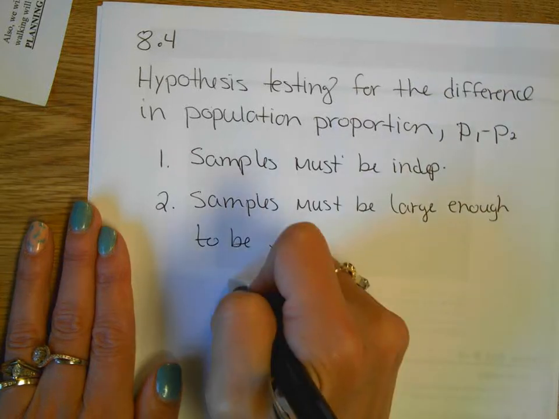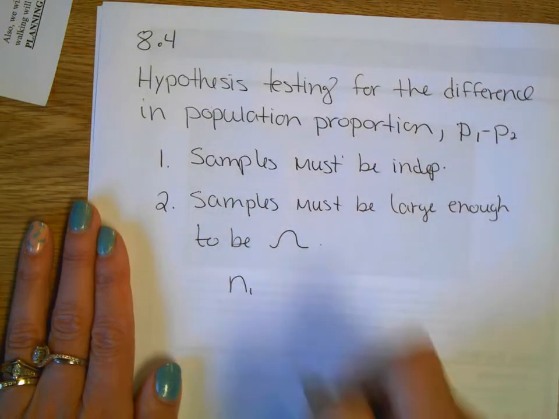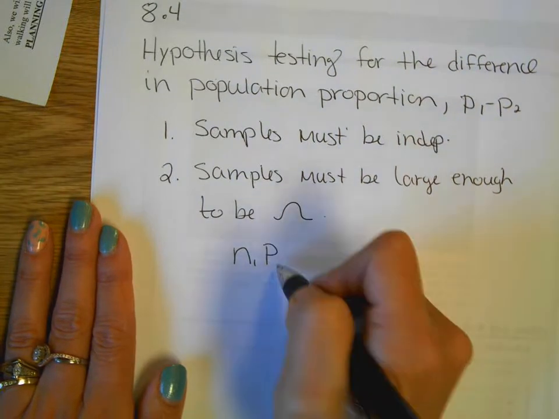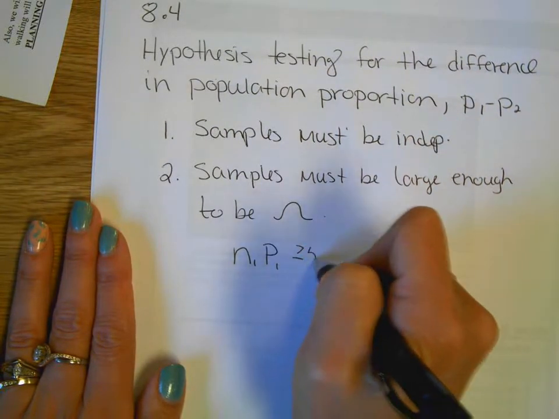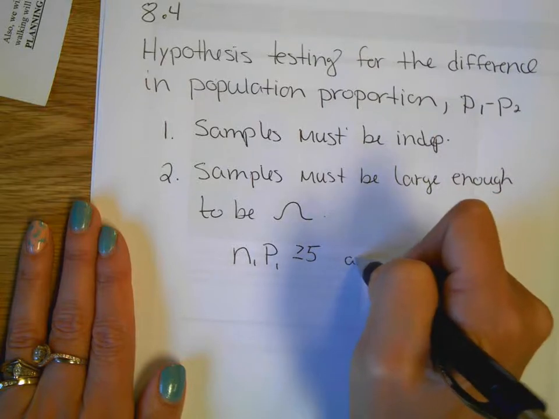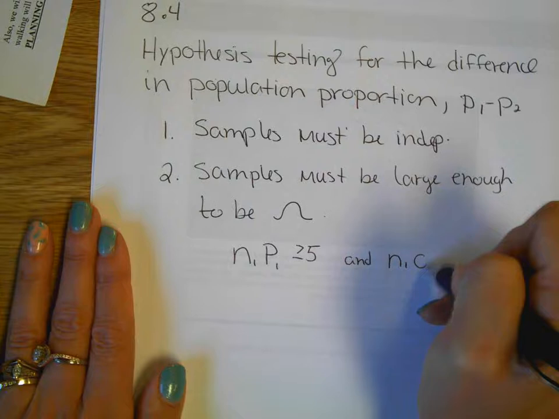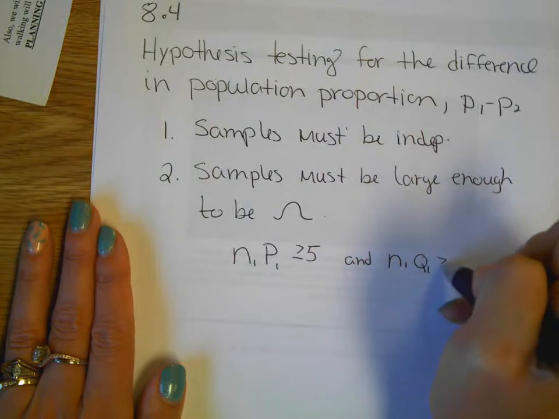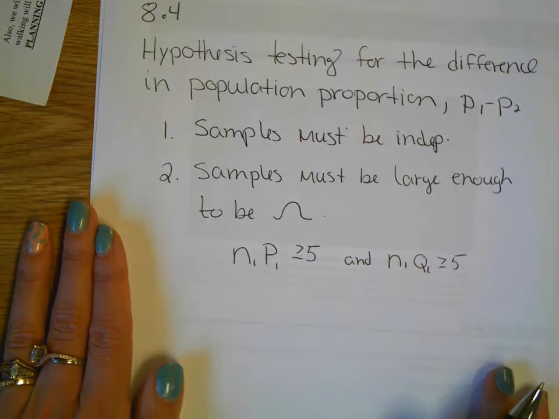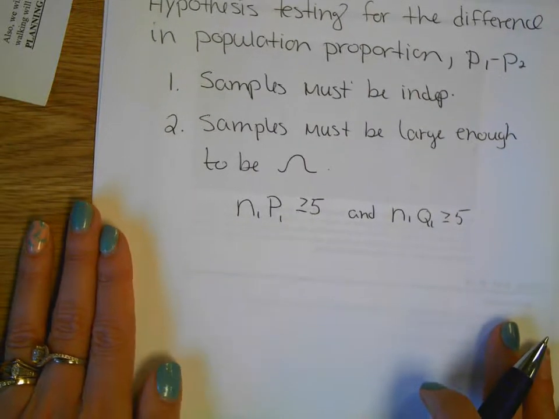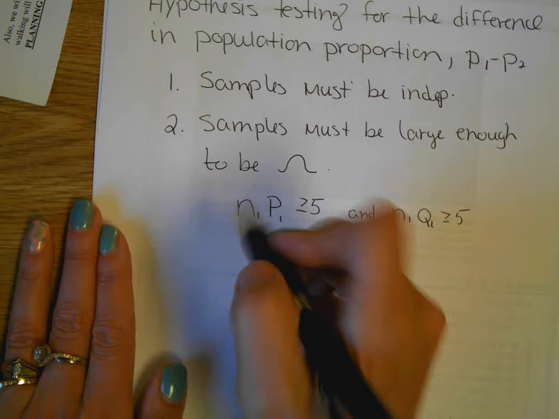And the 2-part check is the sample size times the percent success has to be greater than or equal to 5. And the sample size times the percent failure also has to be greater than or equal to 5. So not only do you have to check that sample 1 is big enough, you have to check that sample 2 is big enough.